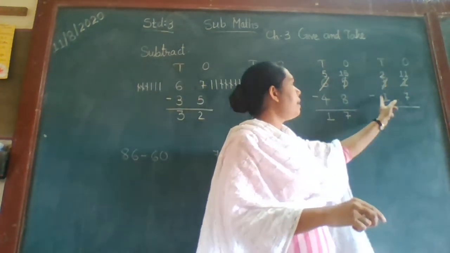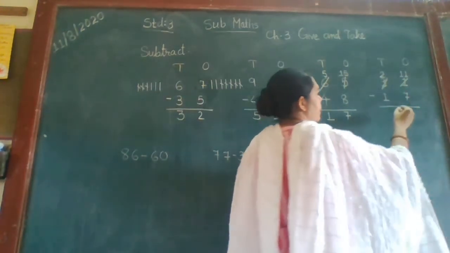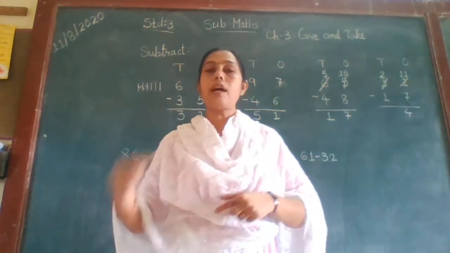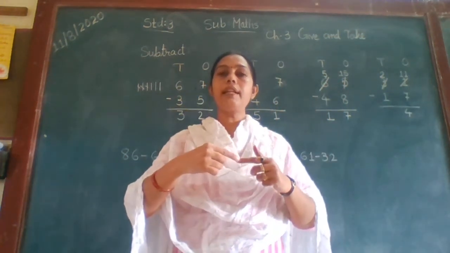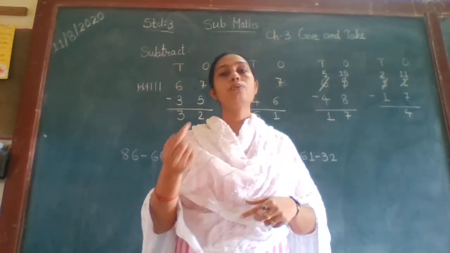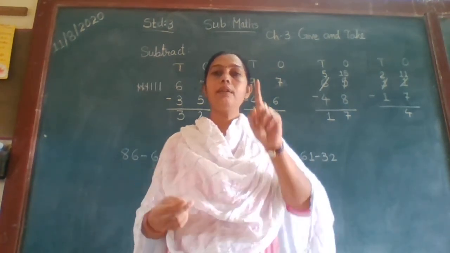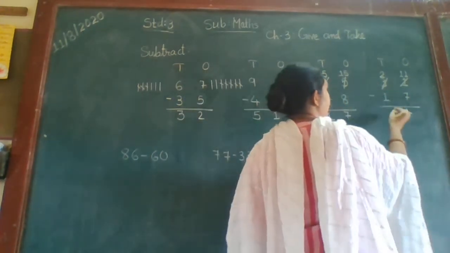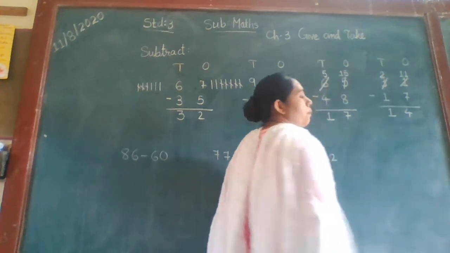Means 11 minus 7 is equal to 4. And 2 minus 1. After 1 we have to count till 2. So after 1, 2. Only 1 we get. So 2 minus 1 is equal to 1.